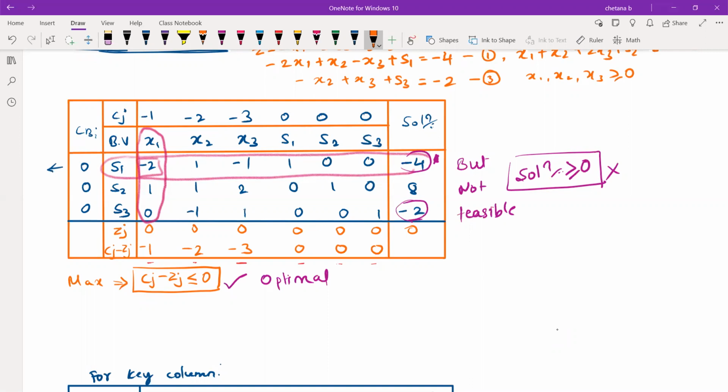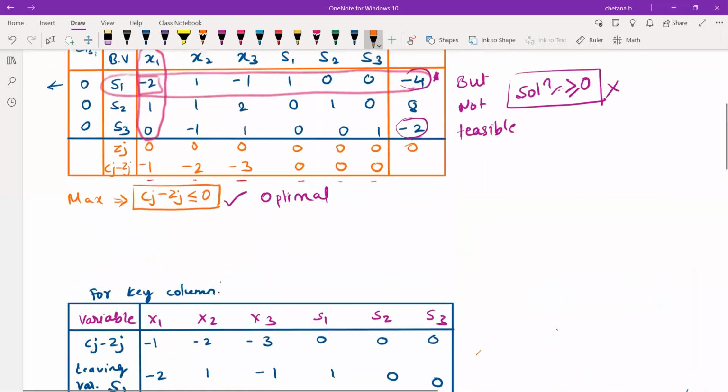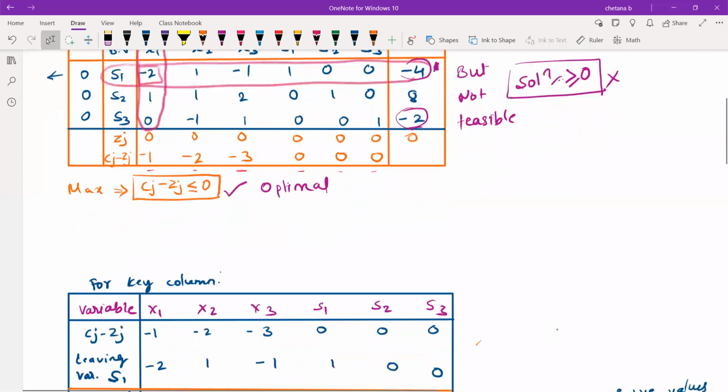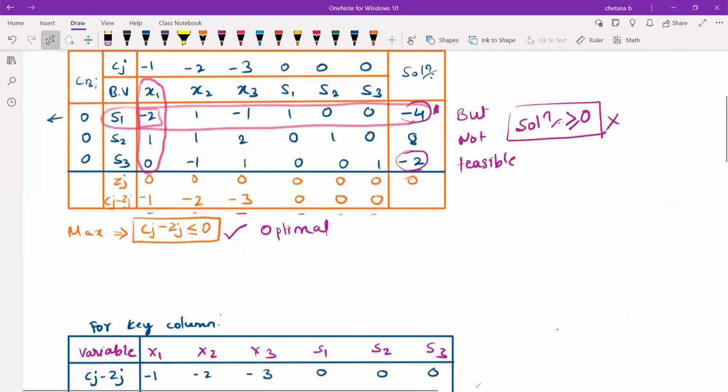This table gives you only the key column, nothing other than that. You cannot use anything other than the key column information from the second table. Once you get the key row, key column and key value, then you need to prepare the second iteration. So coming to the second iteration here.